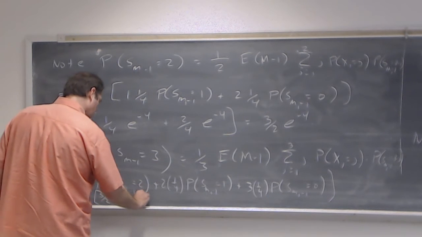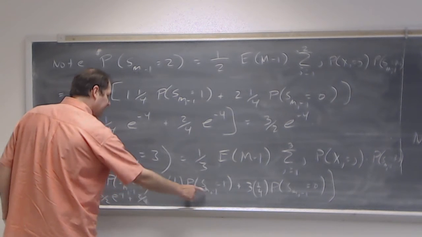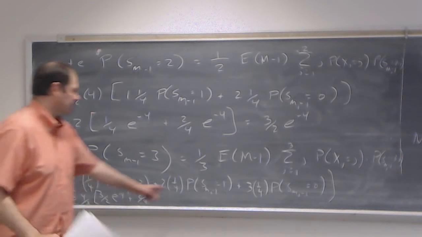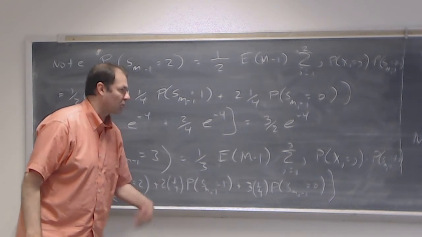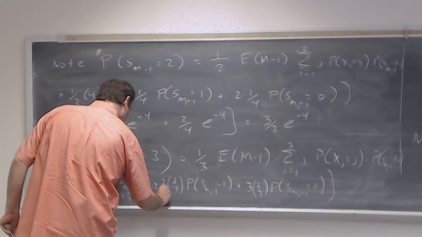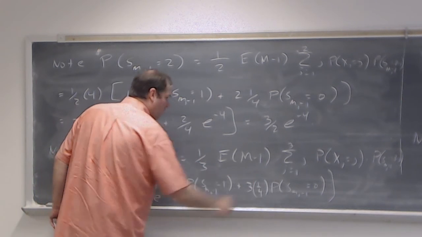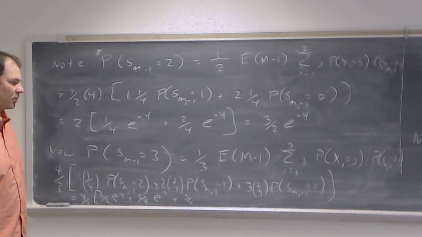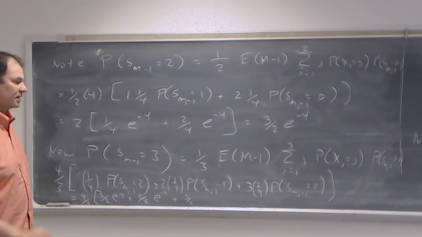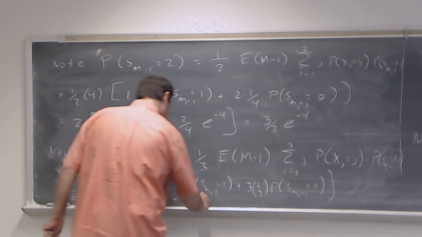Here, this is plus 2/4. And again, we calculated the probability that S of M minus 1 is equal to 1, it's going to be identical here, and that was e to the minus 4, and this guy is plus 3/4, and the probability that S of M sub 1 minus 1 equals 0 is the same thing as the probability of S of M minus 1 equal to 0, which we found to be e to the minus 4.